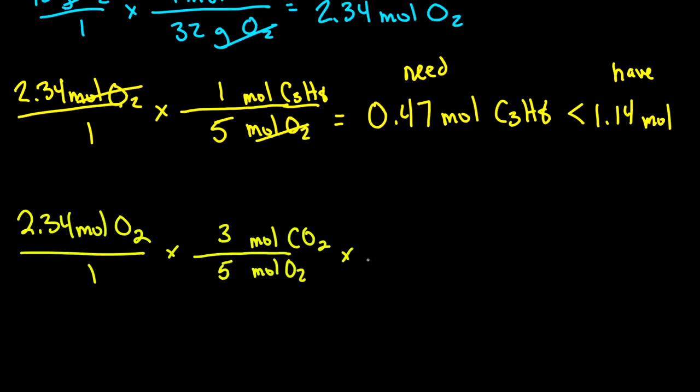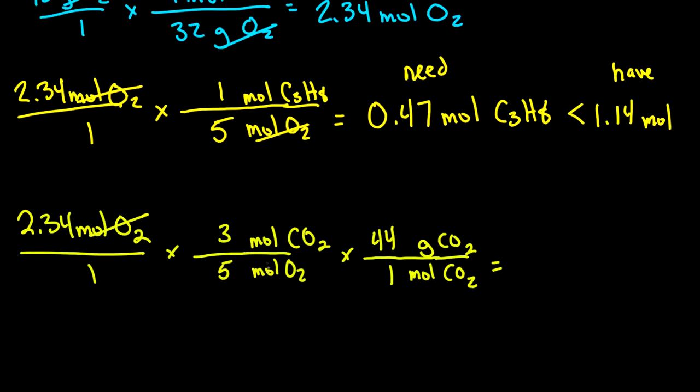So we can put that in our equation as well. So we don't have to stop. Since moles of CO2 is on top, moles of CO2 go on bottom, grams of CO2 goes on top. So 1 mole of CO2 is equal to 44 grams. I use my periodic table to add those atomic masses up.